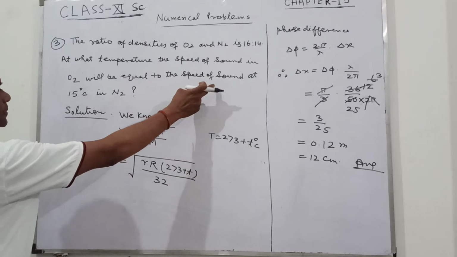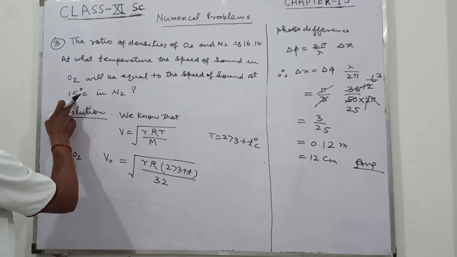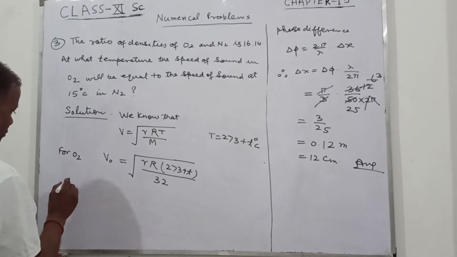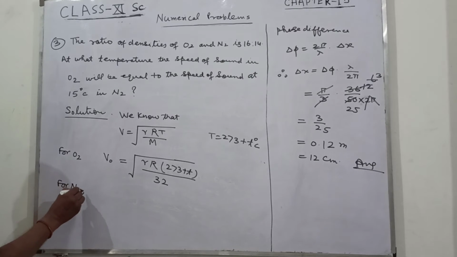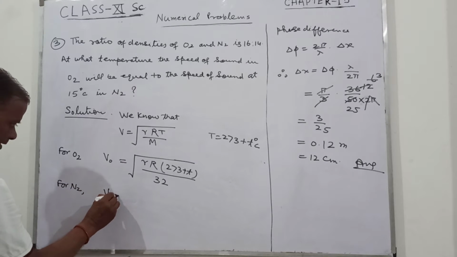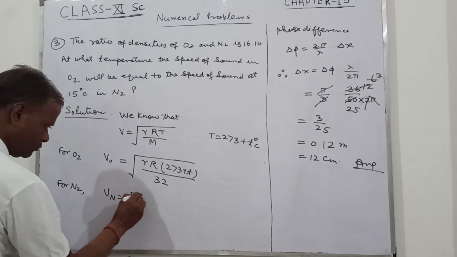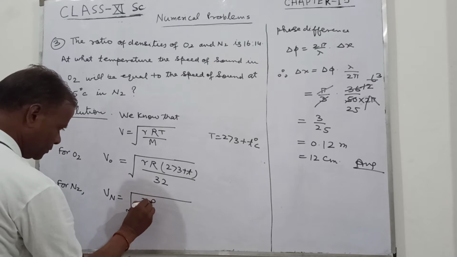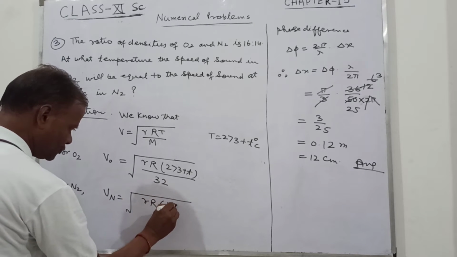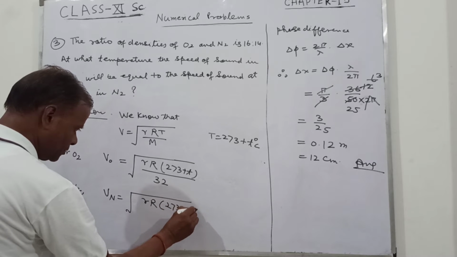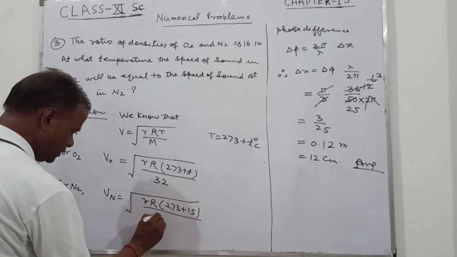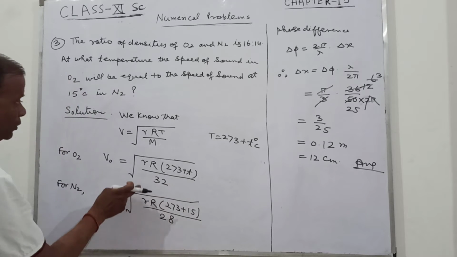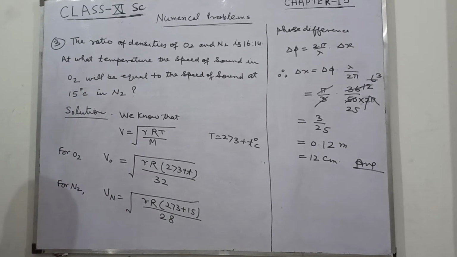And then speed of sound in nitrogen at 15 degrees centigrade. So for nitrogen, Vn equal to square root of gamma R into 273 plus 15 upon 28. Molecular weight of nitrogen is 28.